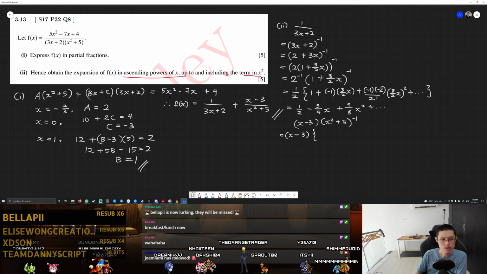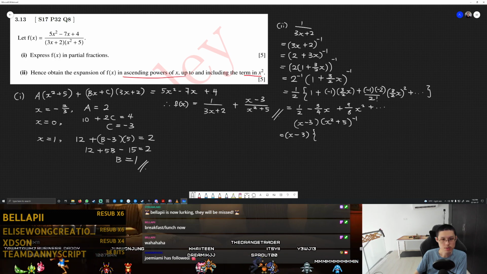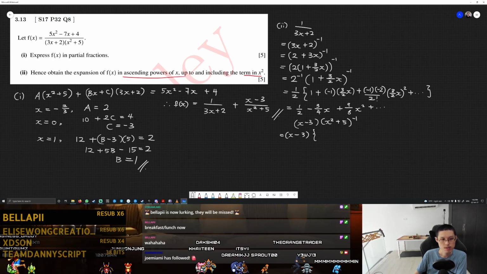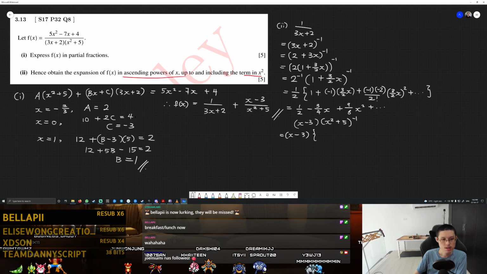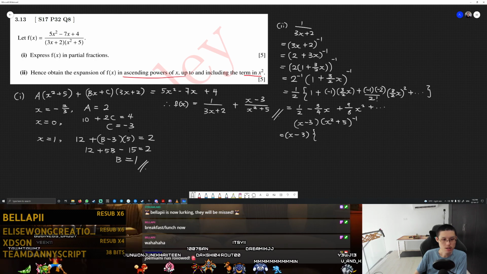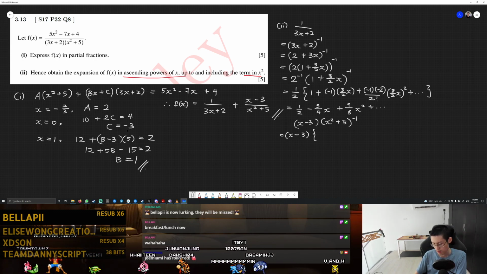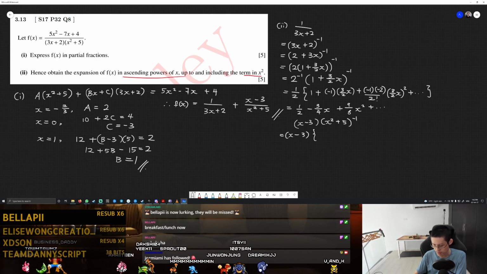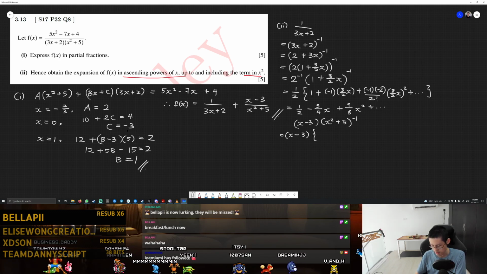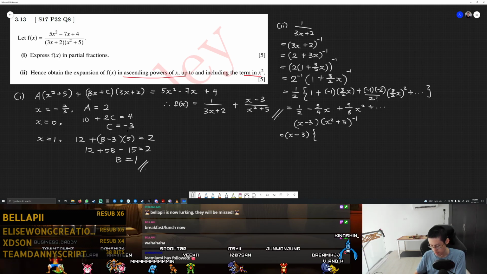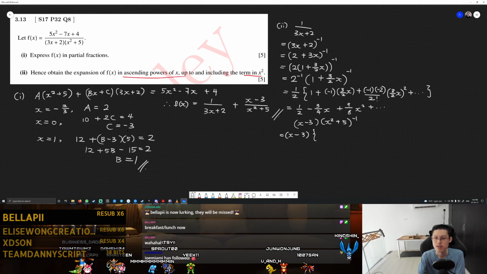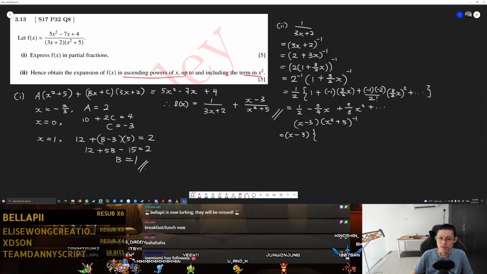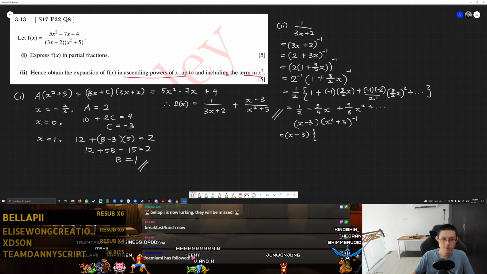When x is 0 here, this is 0, which means you get 4. So 4 minus 10 is negative 6. Negative 6 divided by 2 is negative 3. No, I think it's correct. Did I miss something?